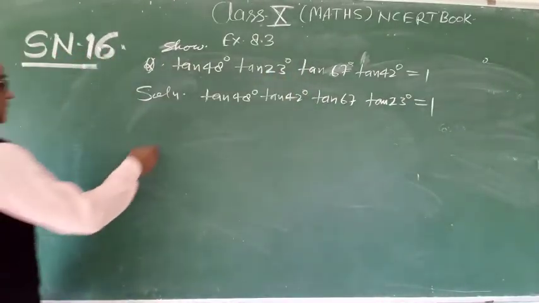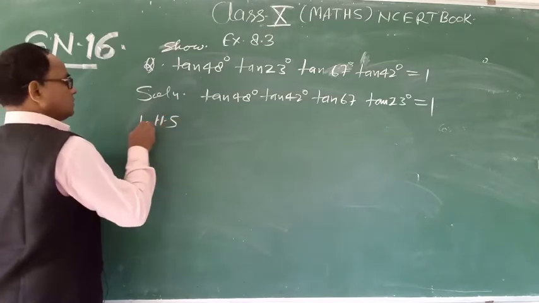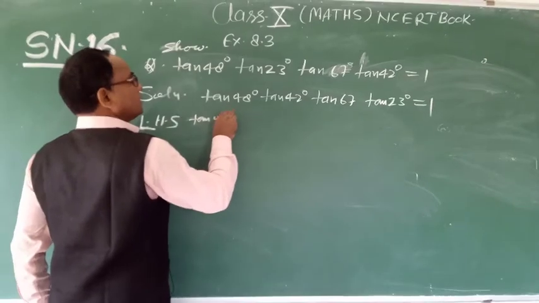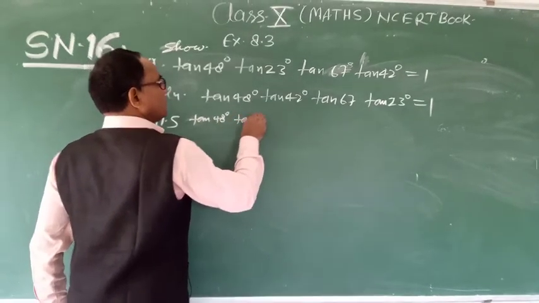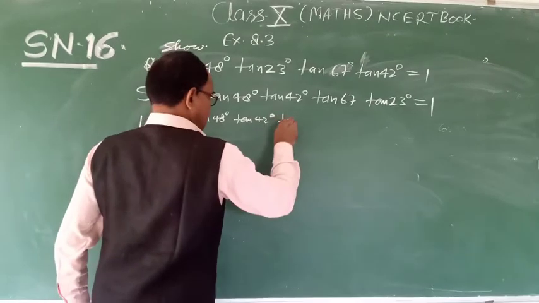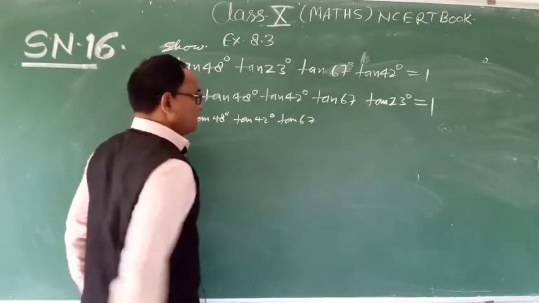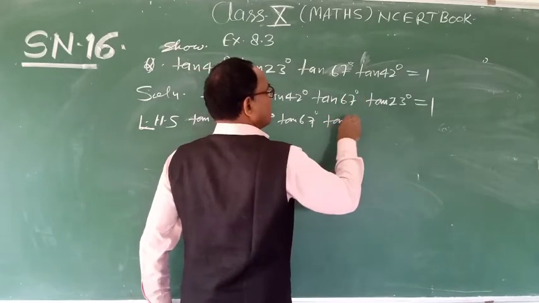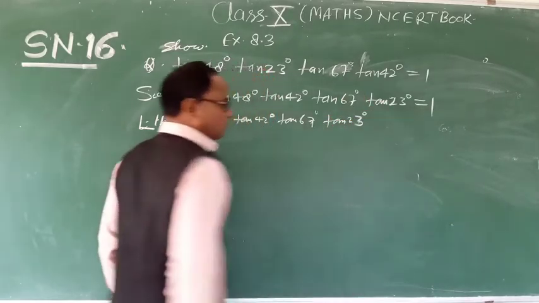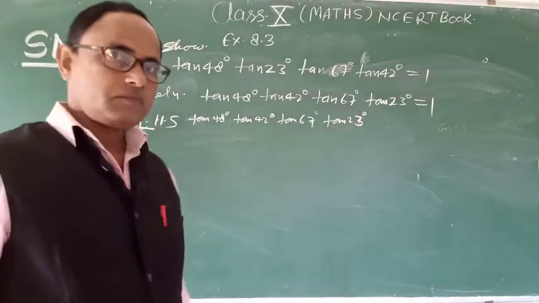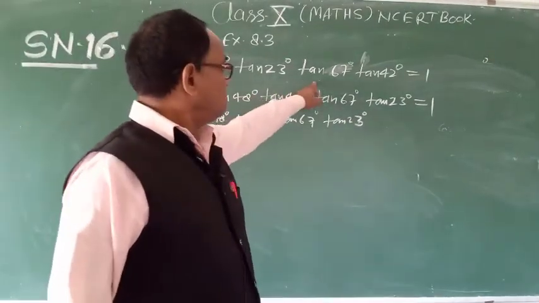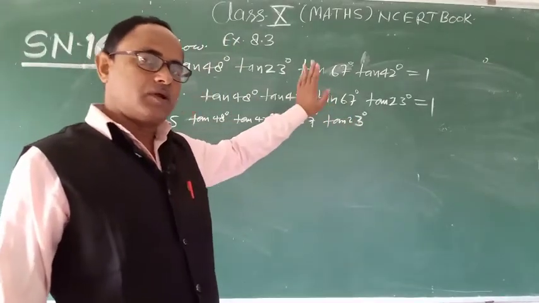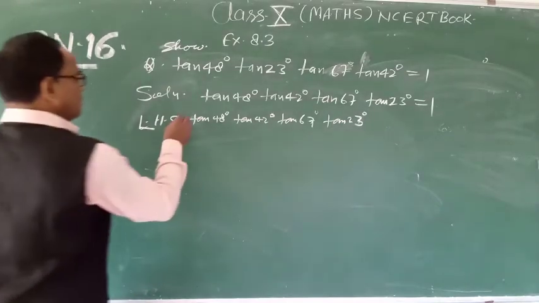Okay student, here LHS is equal to tan 48 degree, tan 42 degree, tan 67 degree and here tan 23 degree. Okay student, these types of questions we arrange in this form. There is no difference.